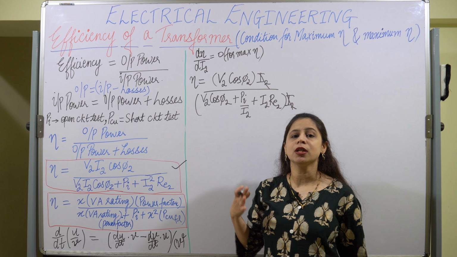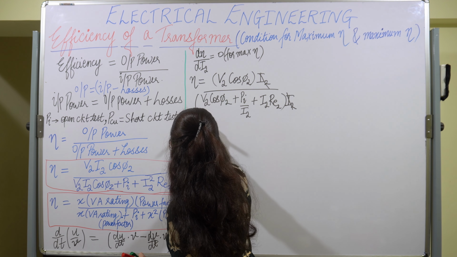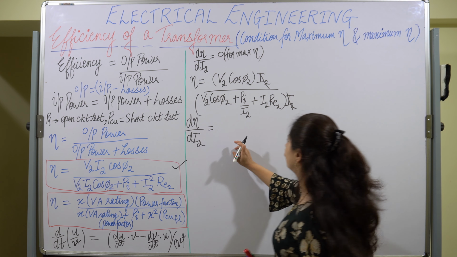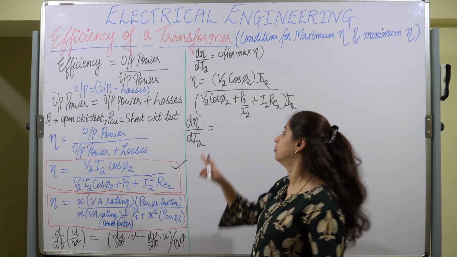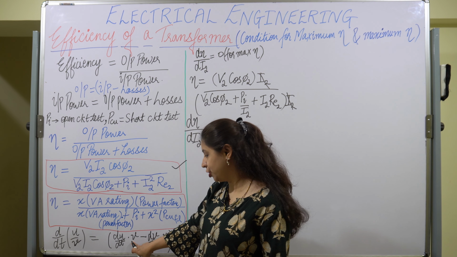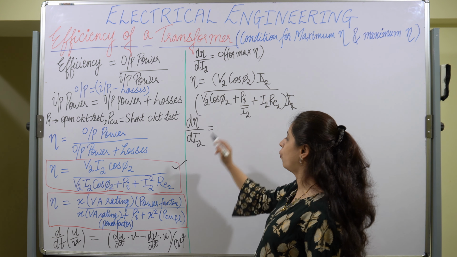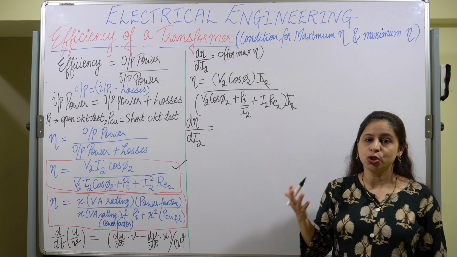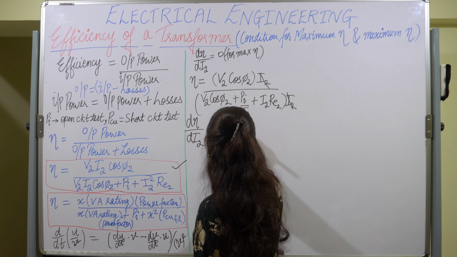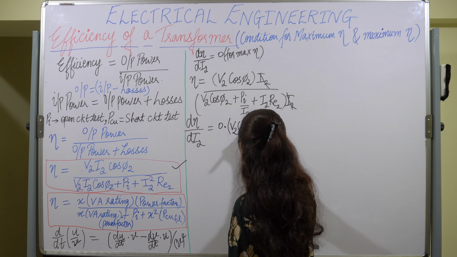We need to differentiate it with respect to I2. So let us start differentiating it. First we will differentiate the numerator and keep the denominator as it is. But since the numerator has no term of I2, it is a constant, so we can directly put 0 there, and the denominator will be placed as it is.